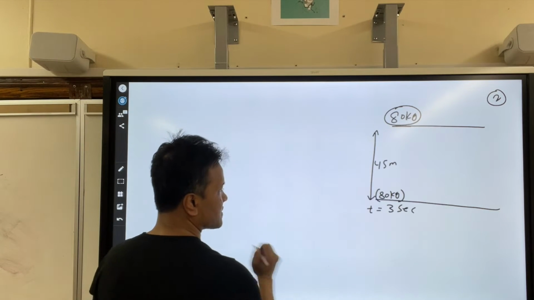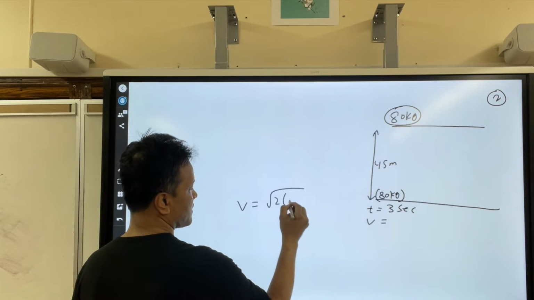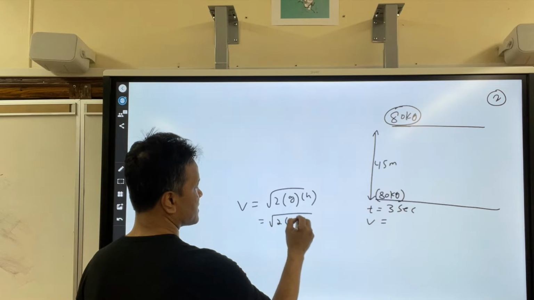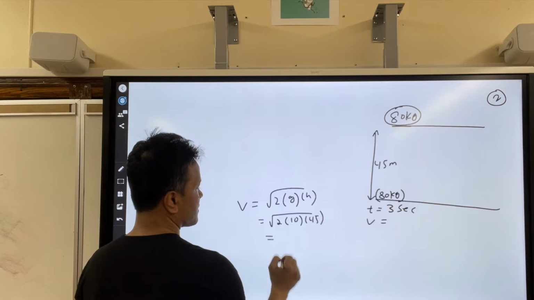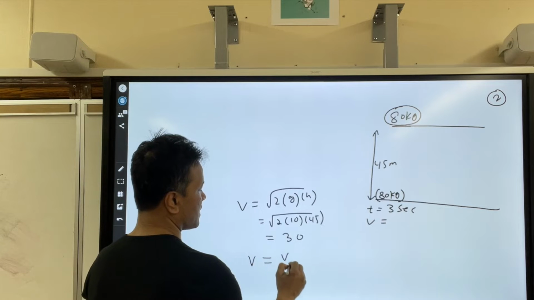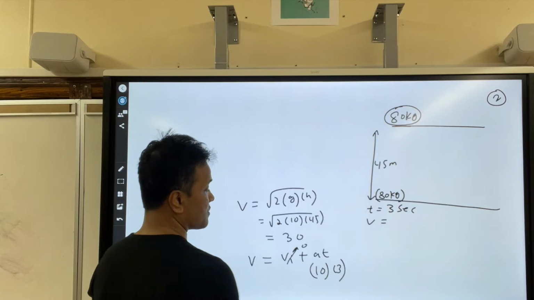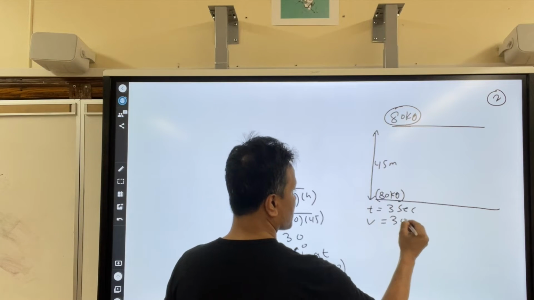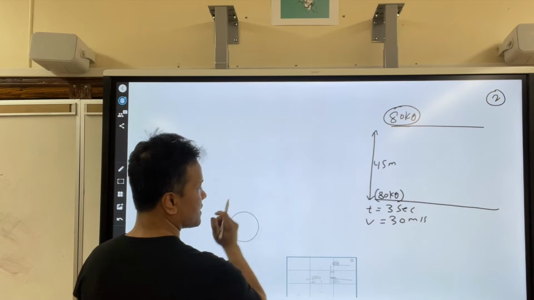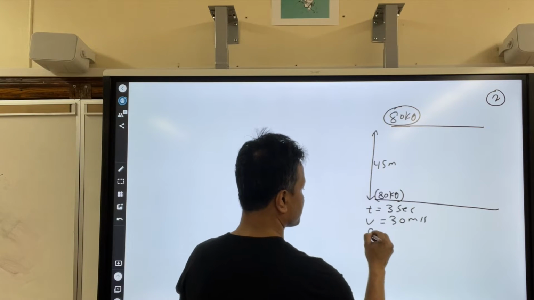All right. Velocity you can find several ways. Velocity is the square root of 2gh, so 2 times 10 times 45, which is 30. Or you can find the velocity this way: vi plus at. This is 0, a is 10, t is 3. So both ways you get 30. Okay. Initial momentum is 0.